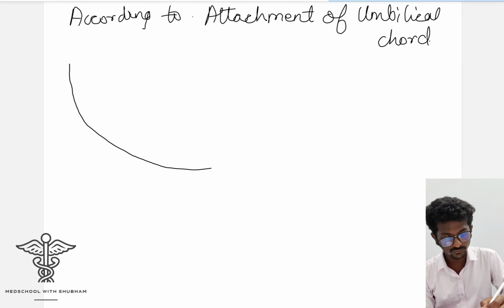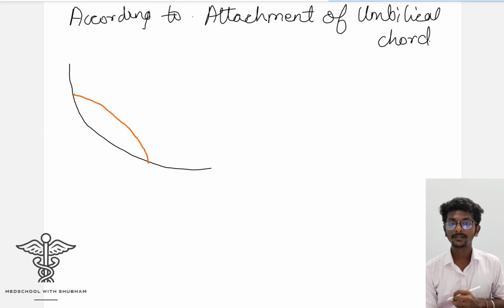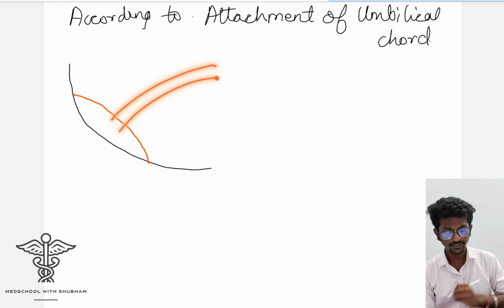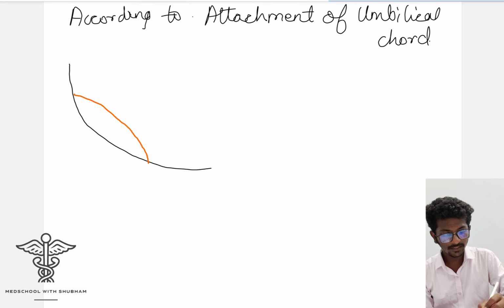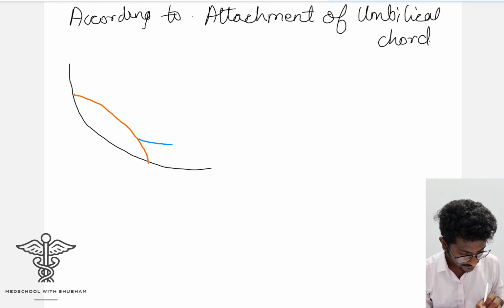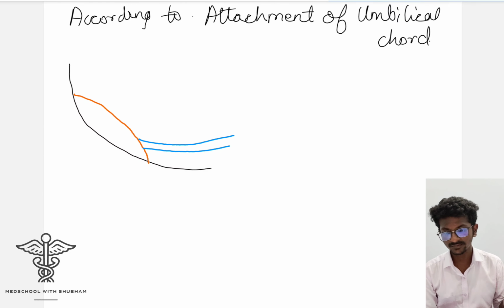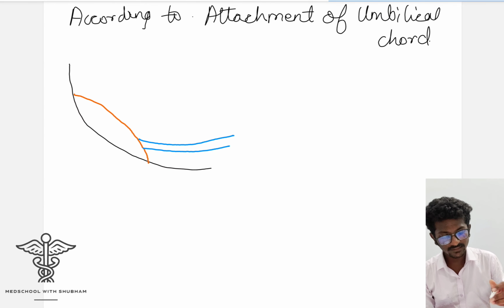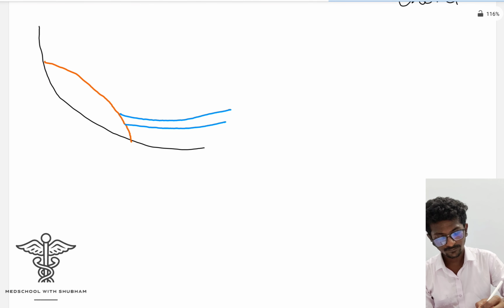Assume that this is the decidua and this is the placenta. So generally or normally the umbilical cord should go in this way. But if the umbilical cord goes in this direction, that is sidewise, from the margin, then it is called as marginal type of placenta.